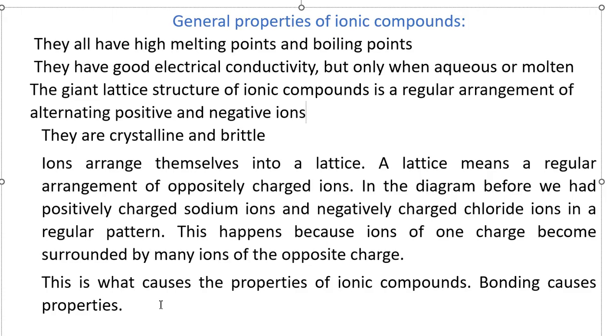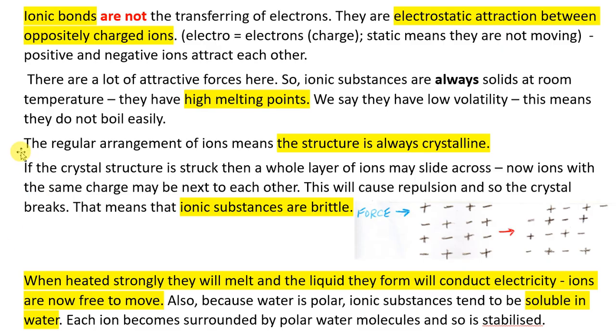Bonding causes properties. Once more, ionic bonds are not transferring of electrons. They are electrostatic attraction between oppositely charged ions. The ions have to form before we can get ionic bonds.